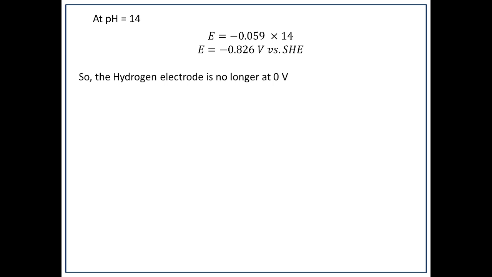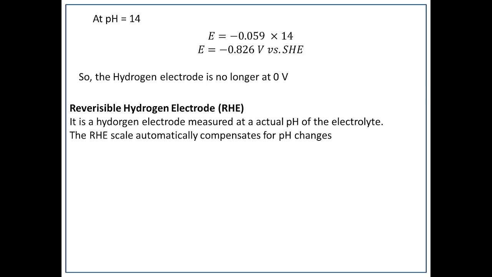So what can we do? We need a constant potential even at different pH. In this case, we can use the reversible hydrogen electrode. The reversible hydrogen electrode is also a hydrogen electrode, whose electrode potential is measured at the actual pH of the electrolyte.